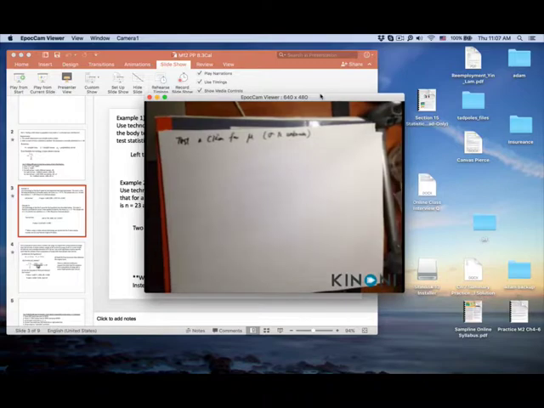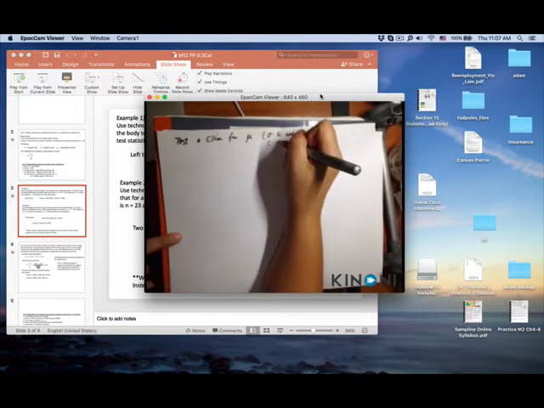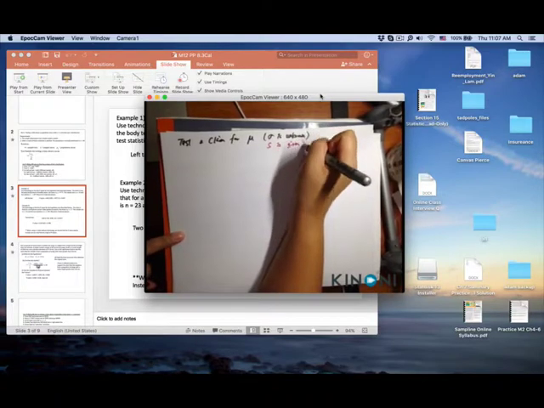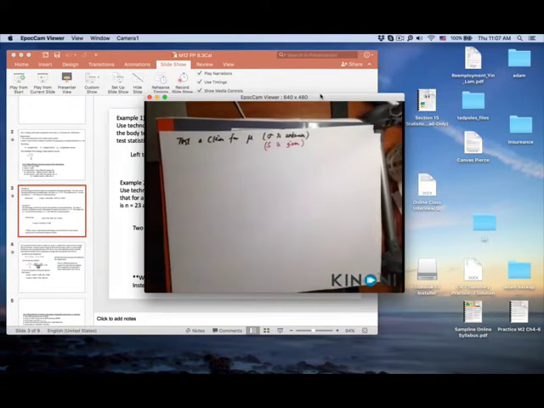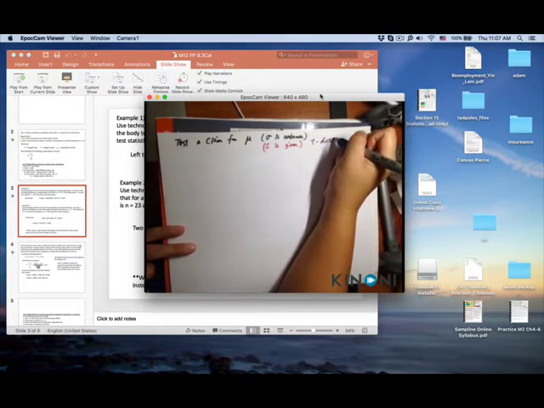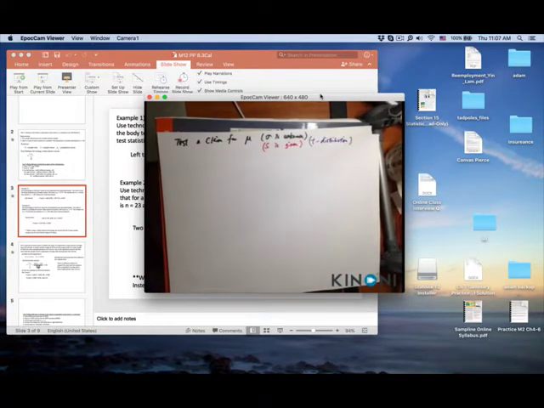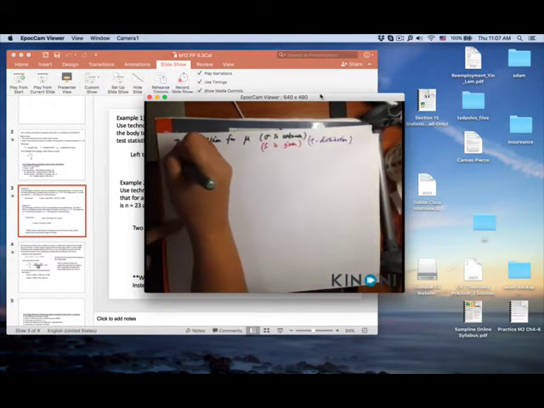When it says it's unknown here, that means the sample standard deviation is given. Make sure you write it down: you will be using the t distribution.